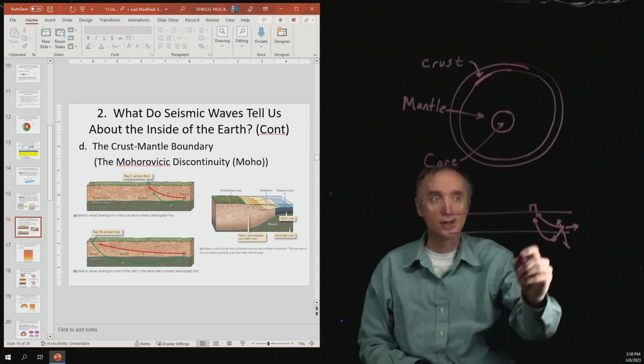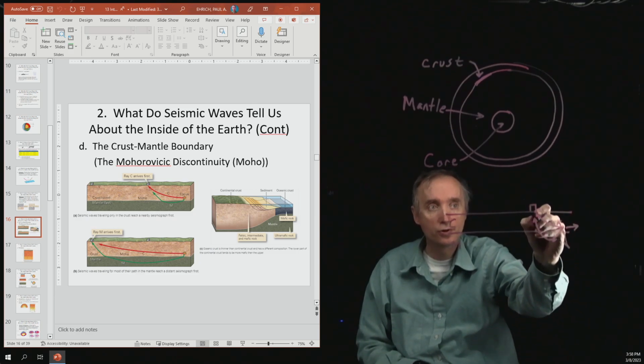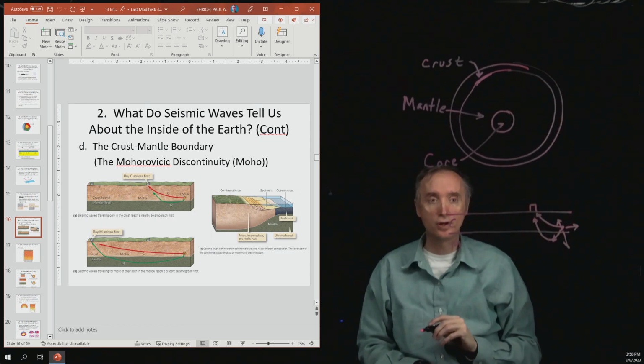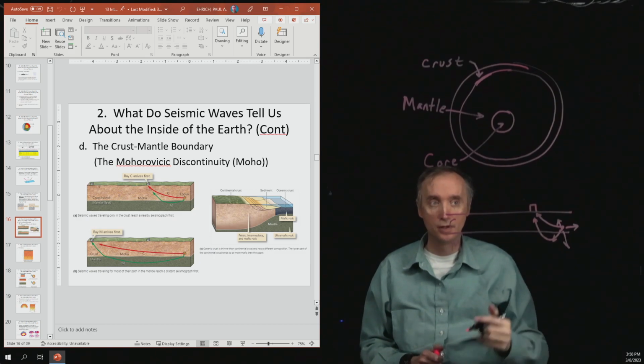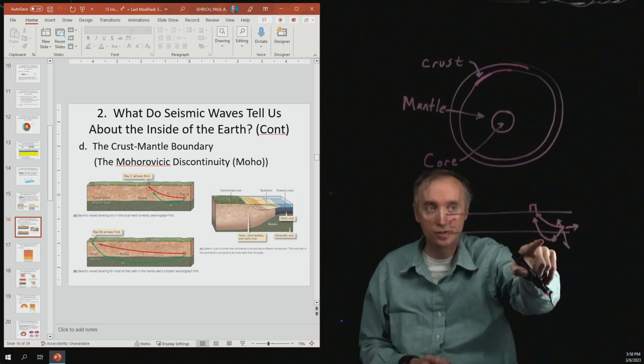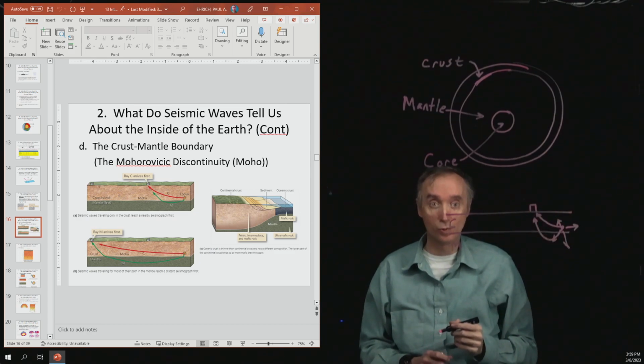Now notice that if it goes this way, it's a shorter path than going this way. And so it doesn't make any difference what the difference in the speeds is between the waves in this region and the waves in this region. These waves are going to get there first because it's just plain the closest way.